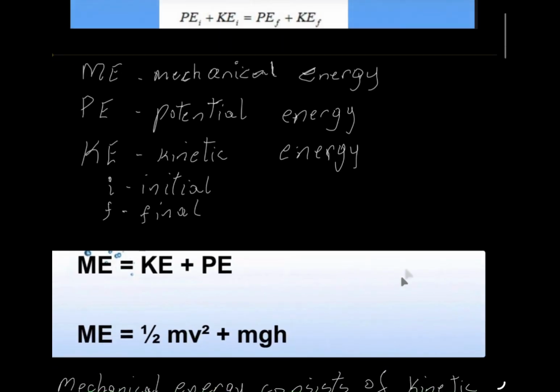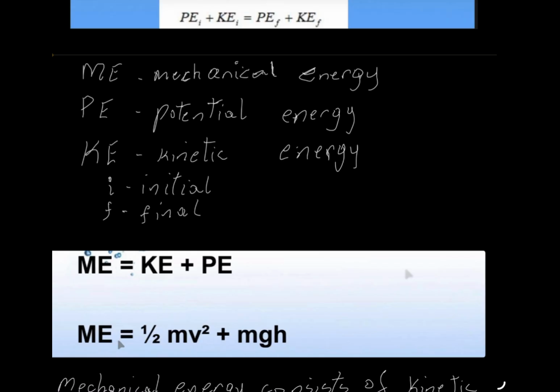We can write ME is equal to KE plus PE, and previously we learned that KE, kinetic energy, was equal to half mv squared, so we can replace this KE with half mv squared here, and the PE was mgh, where in this case m represents mass, v represents velocity, g is your acceleration due to gravity, and h is your vertical height.